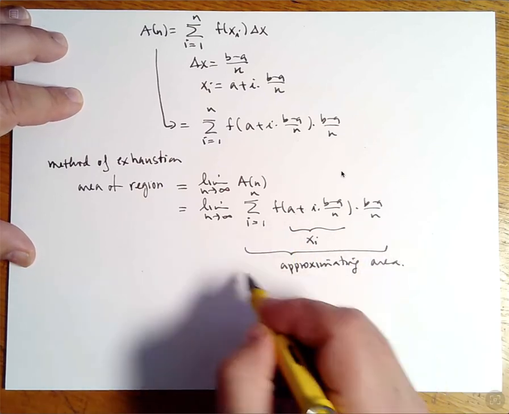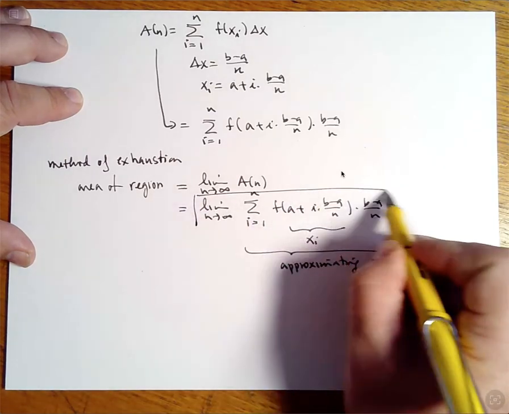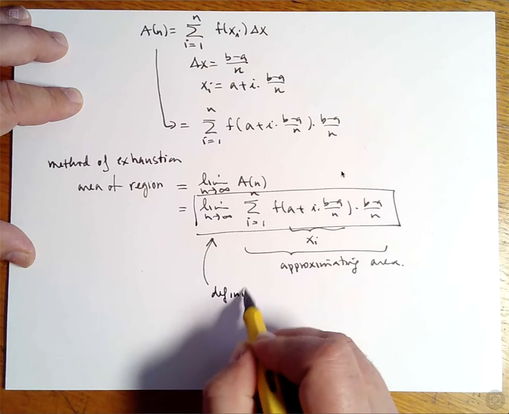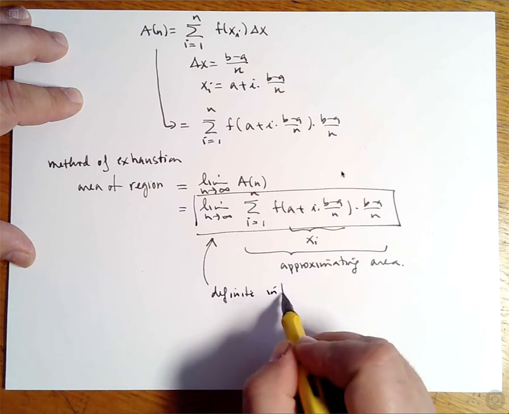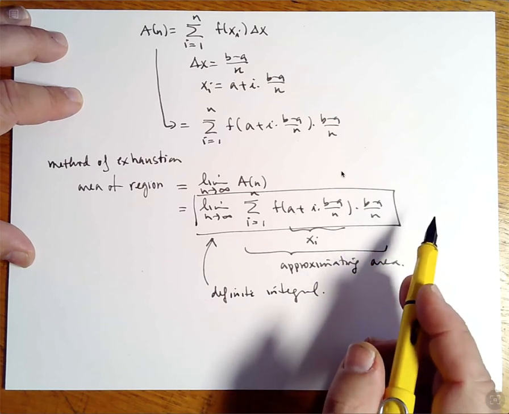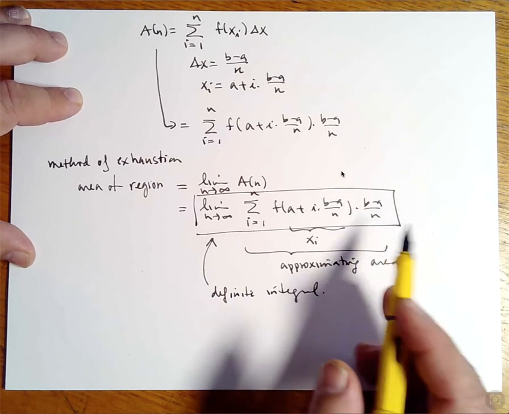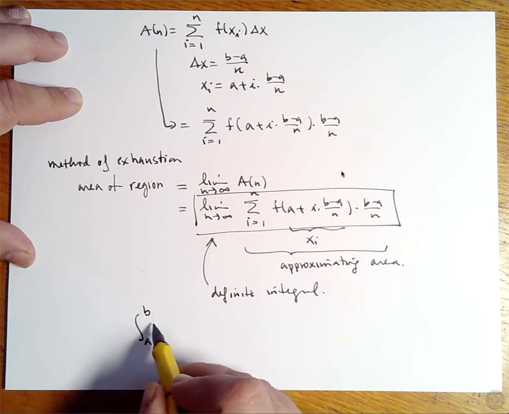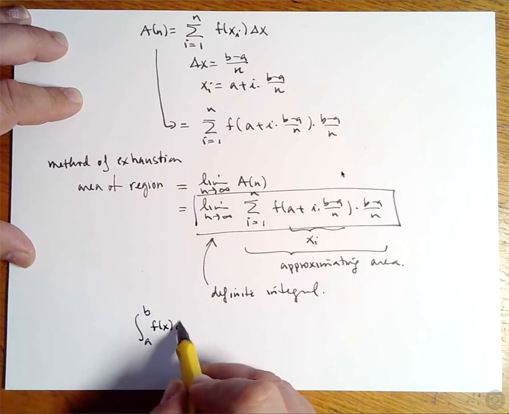Because this thing right here is what we call a definite integral. And because it's got a lot of stuff going on, mathematicians have made a shorthand notation for this, and we write this as a shorthand.